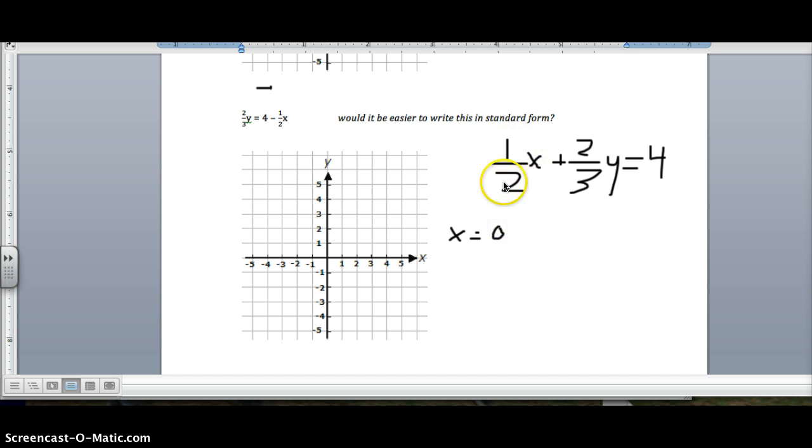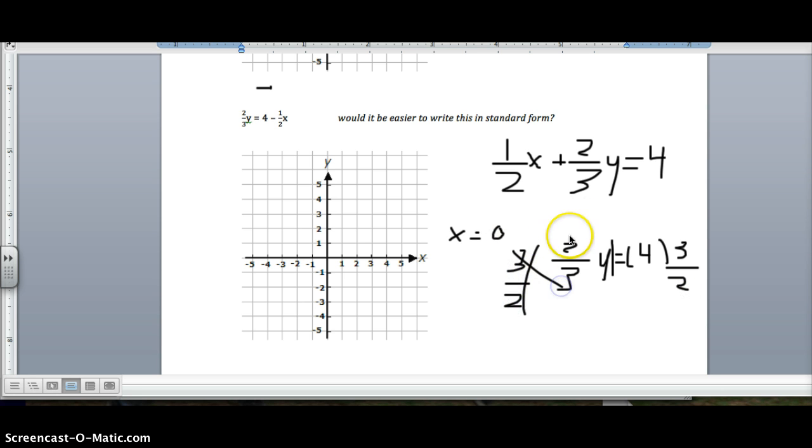So I'm going to cover this up. I now have 2/3 y equals 4. Remembering, we're going to multiply both sides by the reciprocal, which gives you 3/2. Cross off.